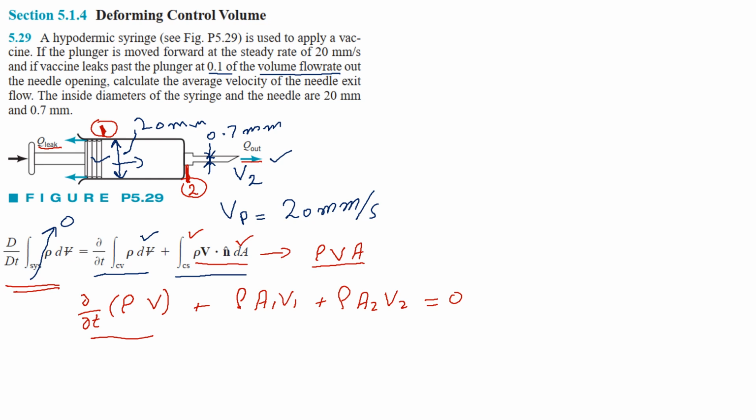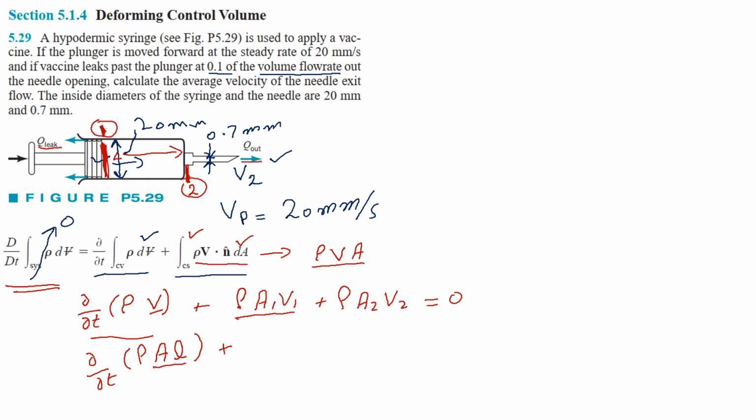Now I'm going to simplify this a little bit further. So T into rho, and if I take it as area, that is area into length, that is the area of the plunger and the length of this syringe. So I have represented the volume as area and length. So now I will apply my partial term in the next equation, but first I need to do some simplification here.